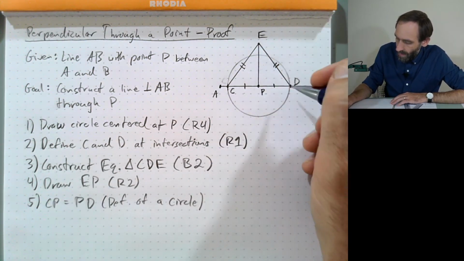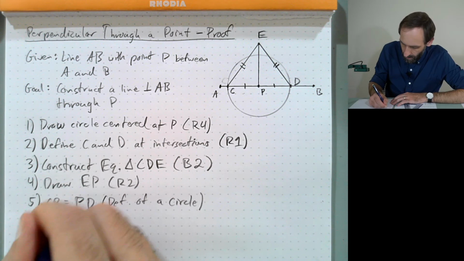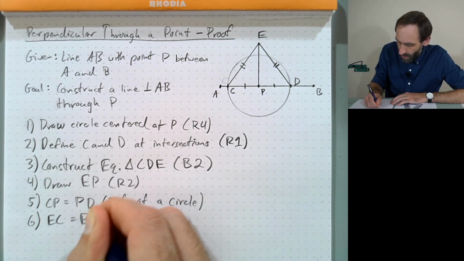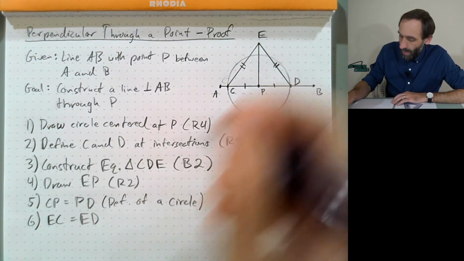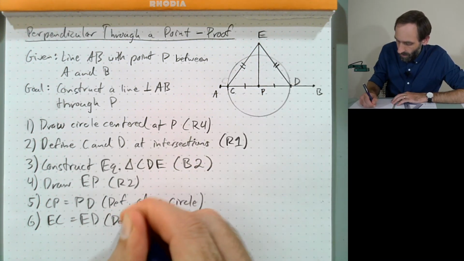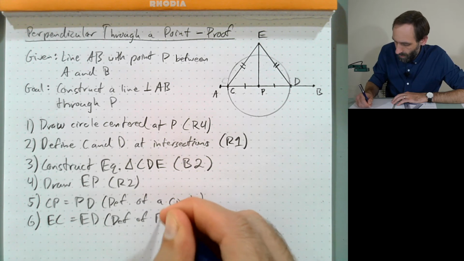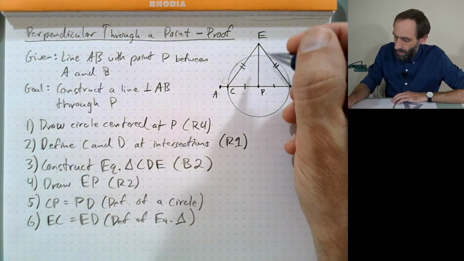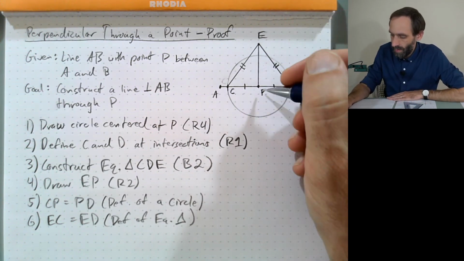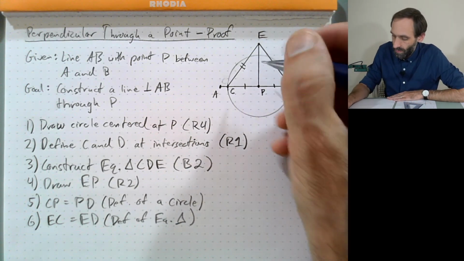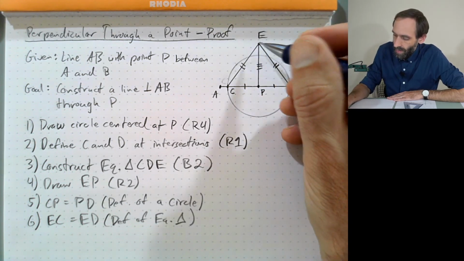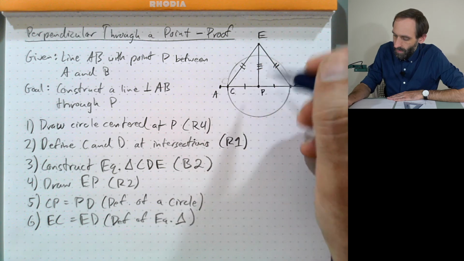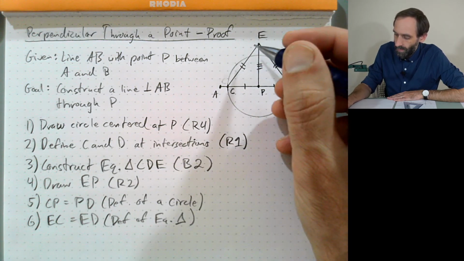Furthermore, EC is equal to ED, and that's the definition of equilateral triangle. And now, because EP is just itself, I can say that these 2 triangles are equal.